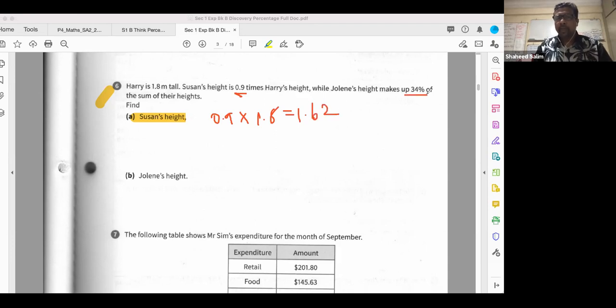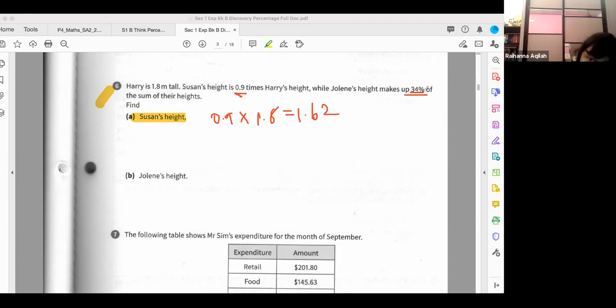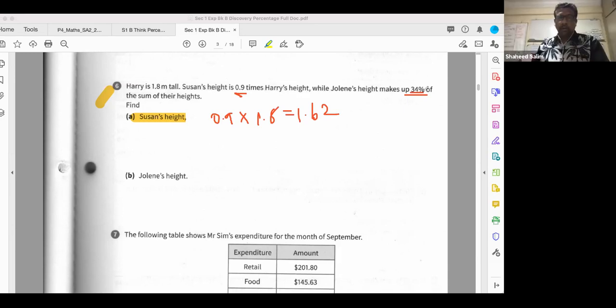Remember, it's 34% of both heights. Let's see now. I have not calculated yet. Okay, let's see whether you're right. Hold on.